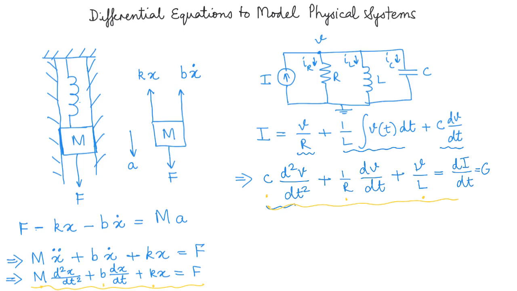Therefore, if you are able to analyze one of these differential equations and look at its implications to, let's say, design a control system, then you can easily transpose that knowledge into other domains.